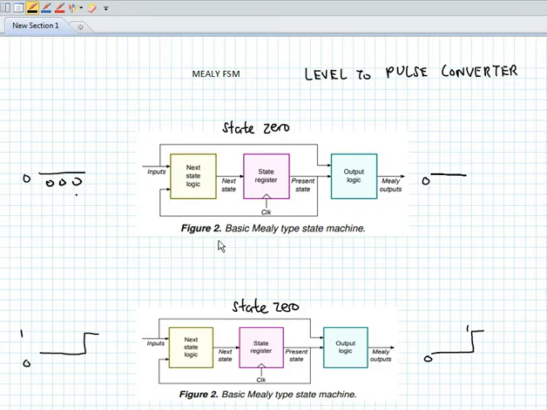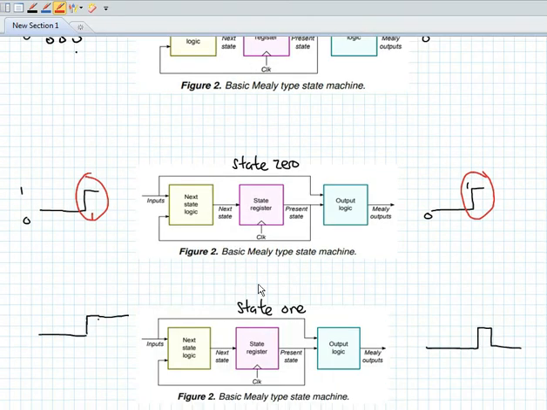However, while in state 0, if you receive a 1, your output is also 1. If you detect a 1, you produce a 1, and you move to the next state, which is state 1.